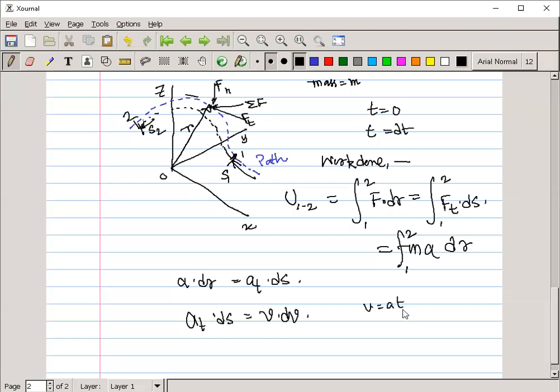With respect to velocity itself, the derivative is shown as the acceleration. So this formula you know.